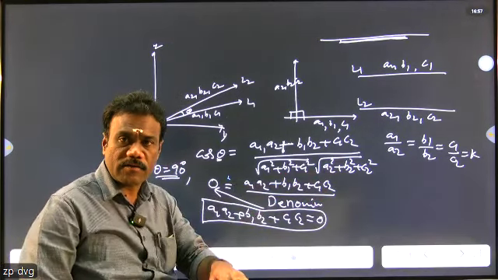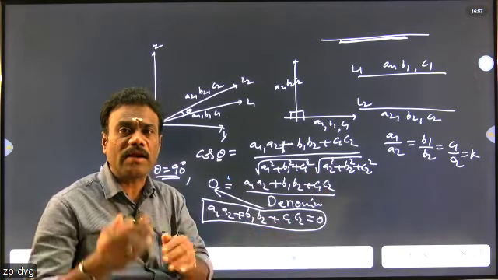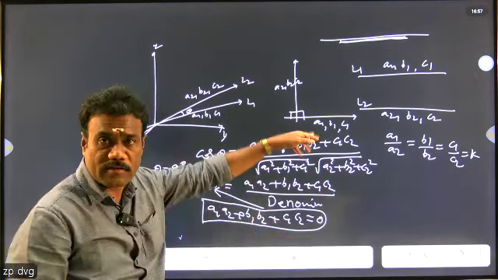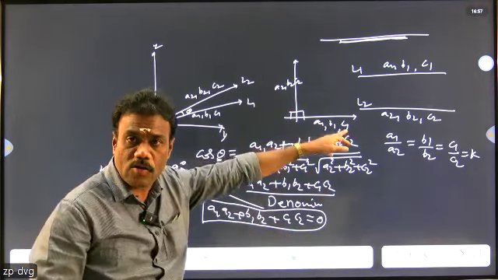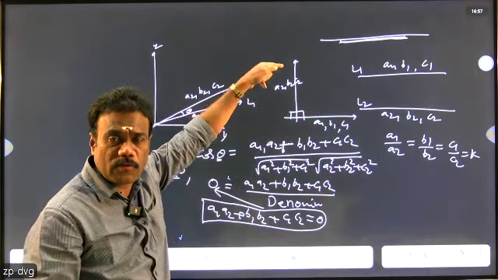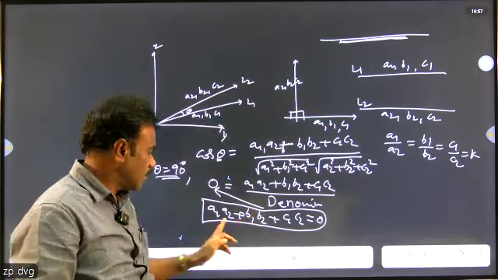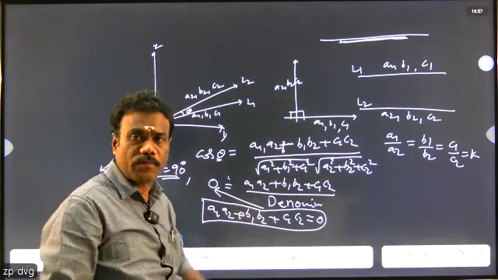When two lines are perpendicular to each other, the angle between the two lines is 90 degrees. That means they are at right angles, and if their direction ratios are A1, B1, C1 and A2, B2, C2, then the condition is A1 A2 plus B1 B2 plus C1 C2 equal to 0.